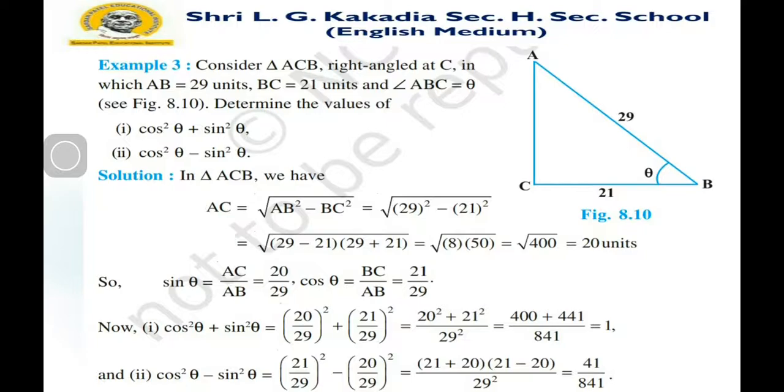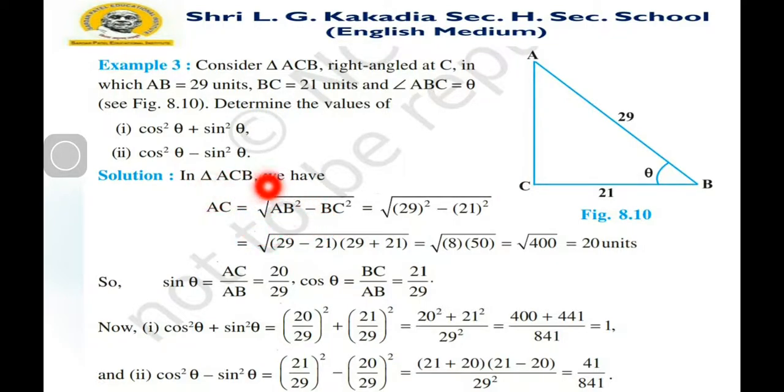Solution. In triangle ACB, we have to just find the third side by using Pythagoras theorem. We know that AB square is equal to BC square plus AC square. So we want to find AC square. So AC square is equal to AB square minus BC square, and AC will be square root of AB square minus BC square.